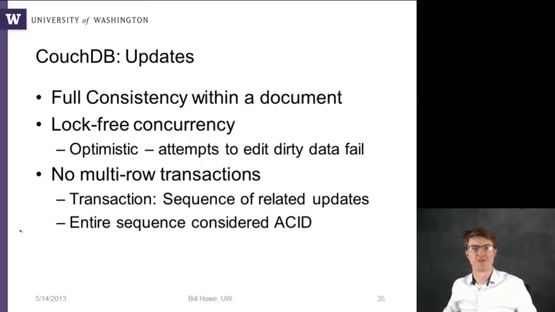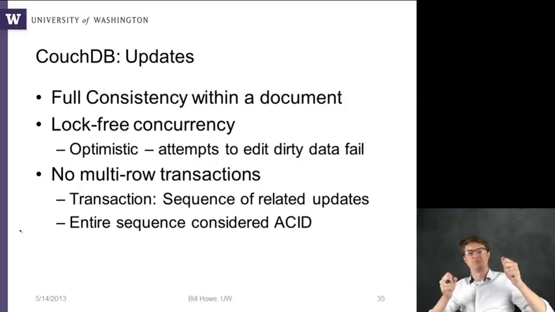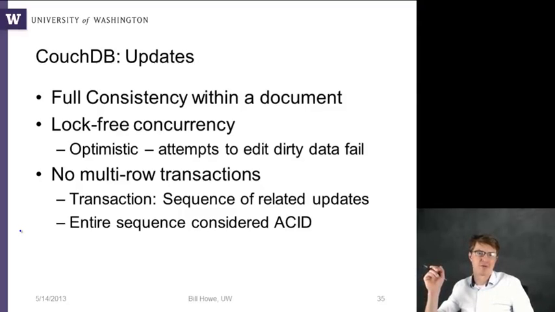Okay. So how do updates work in this context? Well, as we mentioned, it is fully transactional within a single document. So full consistency within a document, meaning that I can grab hold of the document and logically lock it and make whatever updates I want. Now, it doesn't actually take a lock, because it uses what's called optimistic concurrency control, meaning that it assumes that conflicts aren't going to happen.